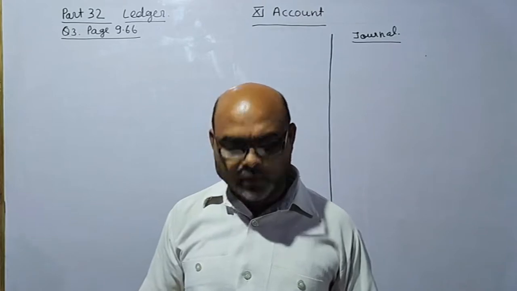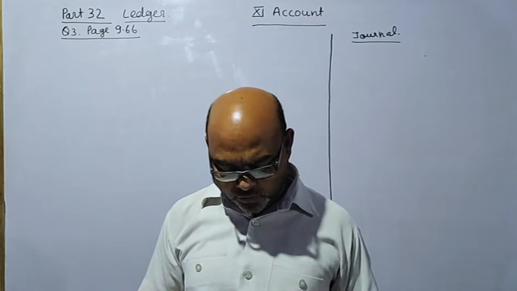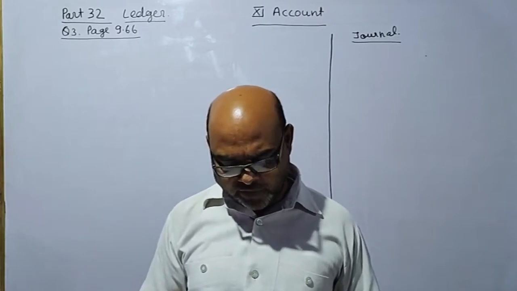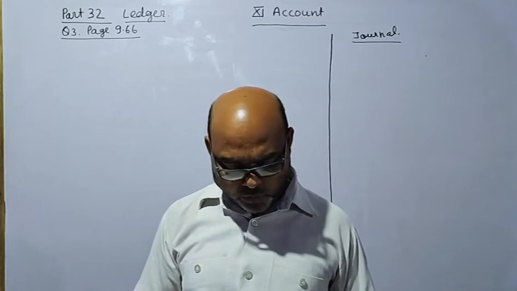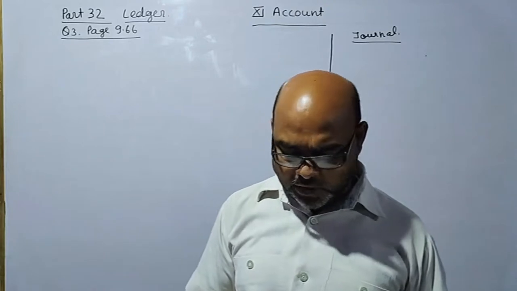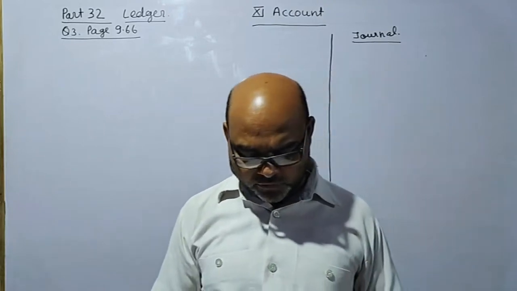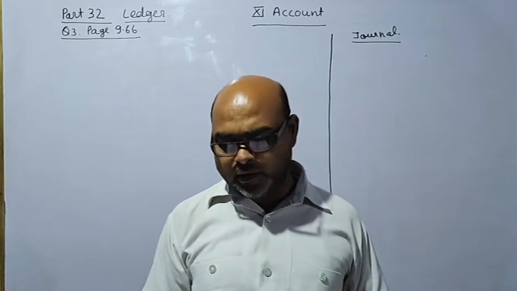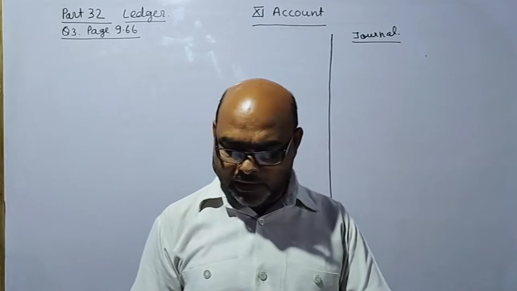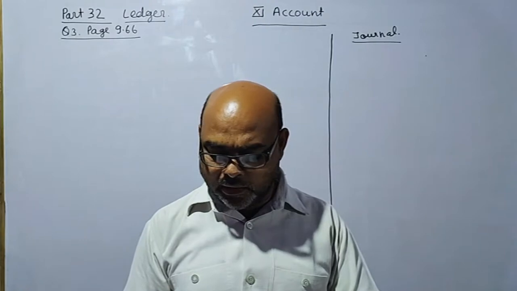So first entry we will pass cash in hand account debit 30,000, stock account debit 36,000, Lal Chandra debit 7,600, Mukesh Khanna debit 16,200, furniture account debit 8,000, to Ghanshyam 6,000, to Vinod 8,000, and to capital account we will calculate the difference of debit and credit.